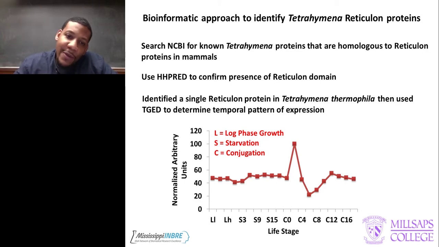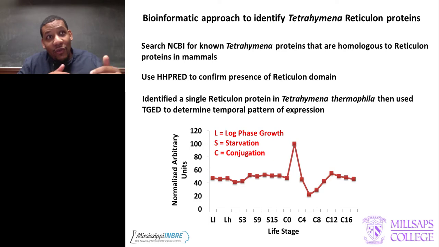Here's what we found. So what you're looking at on the y-axis are normalized expression units, okay? And what you're looking at on the x-axis is the life stage of the Tetrahymena. So essentially what we're looking at here is when during the life stage of Tetrahymena is the Reticulon mRNA expressed.